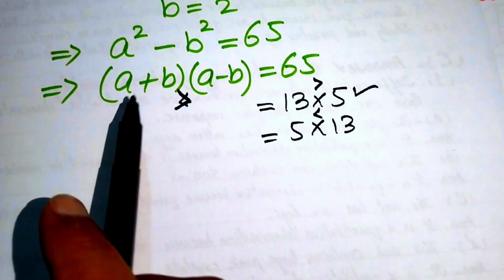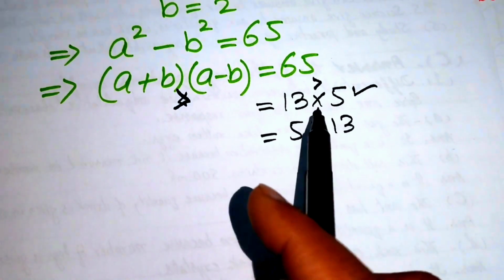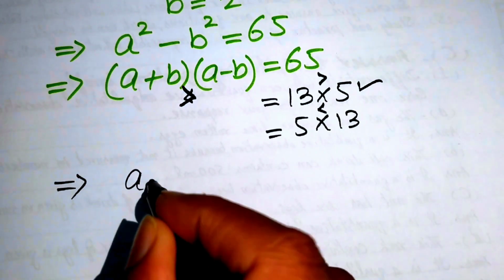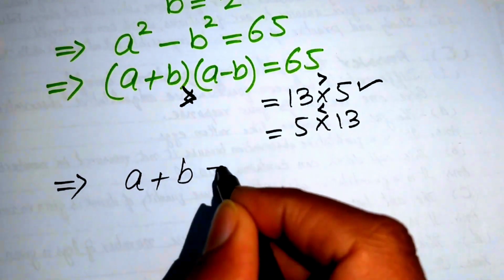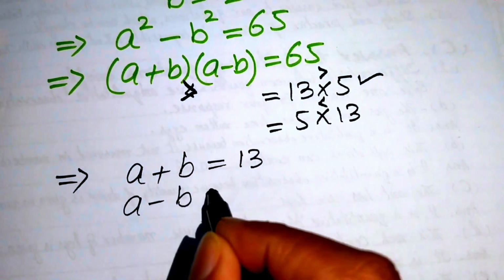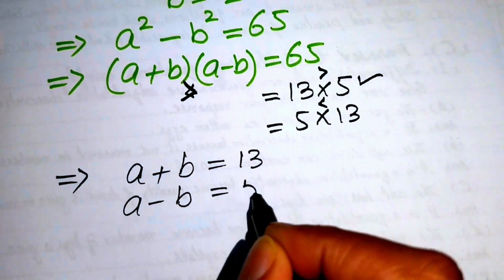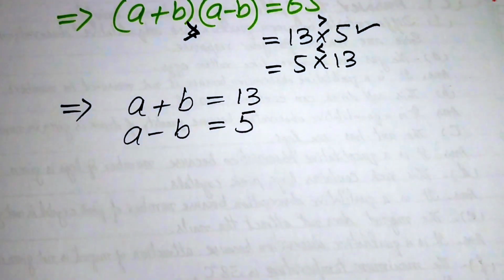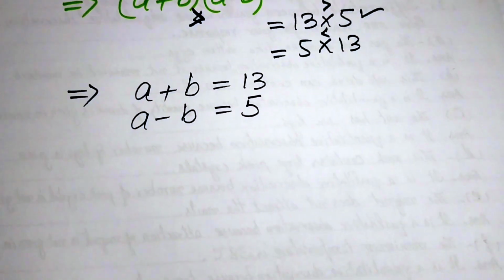So now in this case we write a plus b equals 13, and we have a minus b equals 5. So we have these two equations, and now we can solve them to find the values of a and b first, and after that we find the value of n.